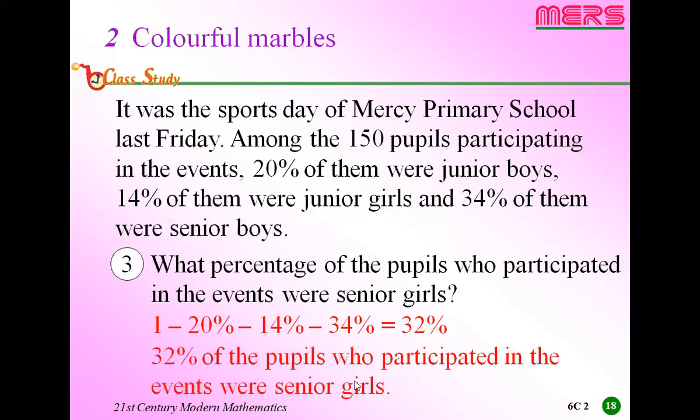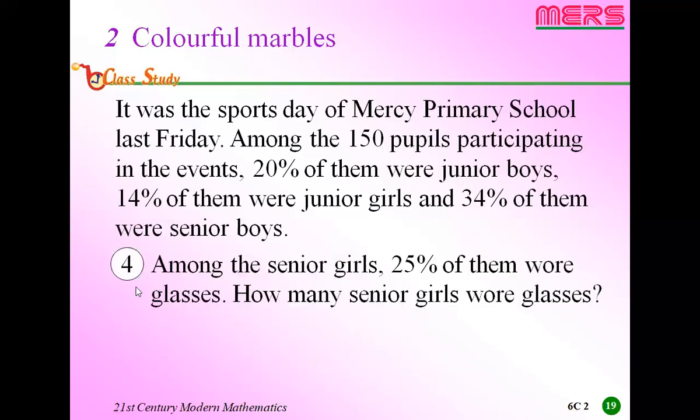Okay, so after we know the percentage of the senior girls, we want to know more about the senior girls. So the question 4 is, among the senior girls, 25% of them wore glasses. How many senior girls wore glasses? Be careful. 25% of them, this word means the number of senior girls.